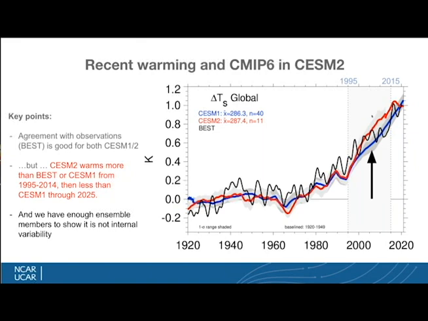So that's the little dip there that you can see. So we're looking at this and trying to identify what could be going on over this 1995 to 2014 period.